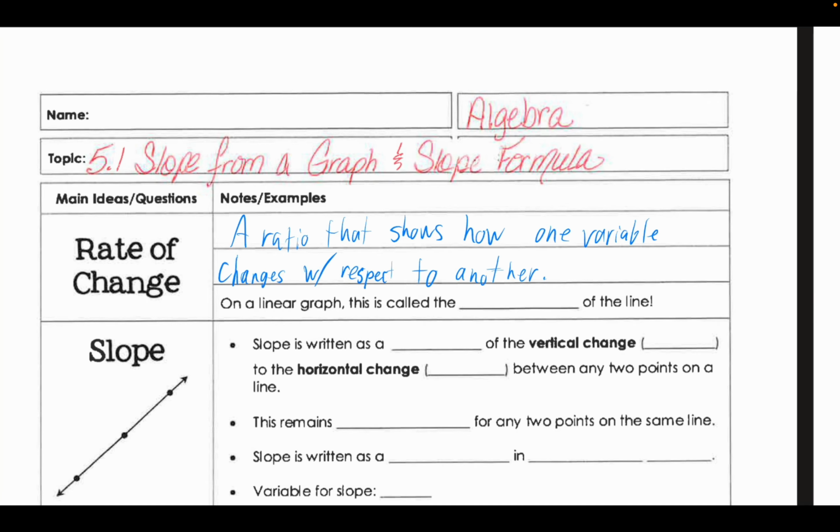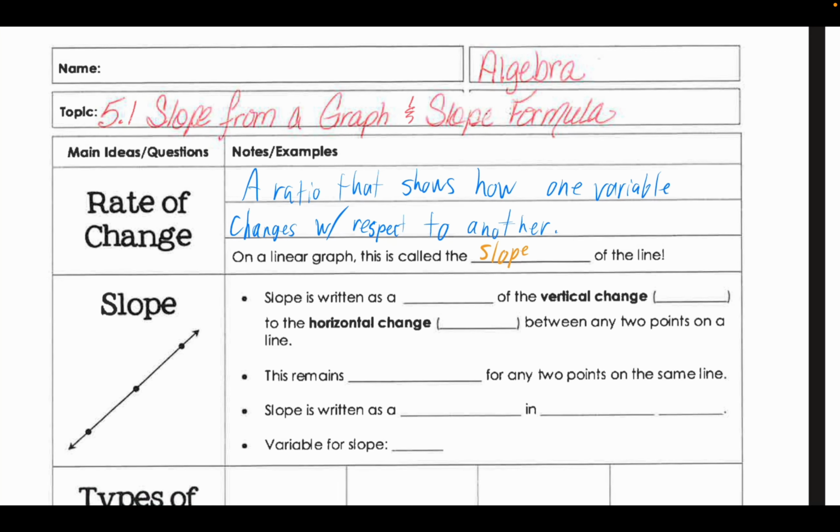On a linear graph, this is more specifically called slope, or the slope of the line. Now, slope is written as a ratio, hence rate of change being a ratio and the rate of change being the slope on a graph.